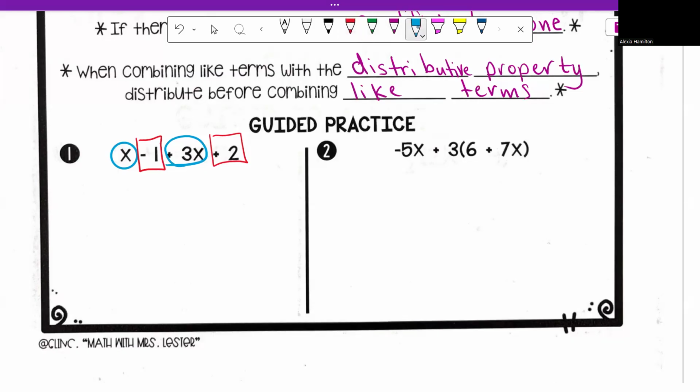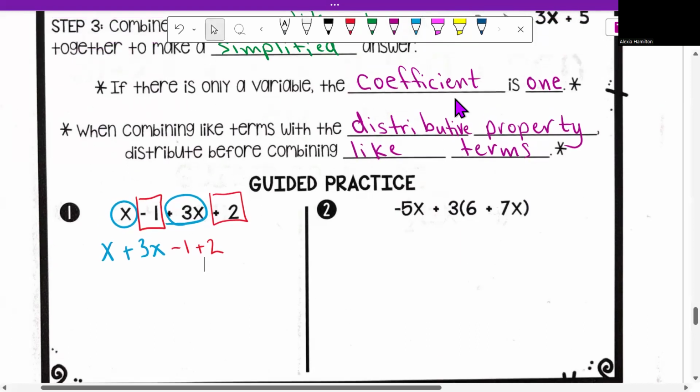Step 2, rewrite the expression so that my like terms are next to each other. So I'm going to write my x terms first. So x plus 3x. And then -1 plus 2. Step 3, I'm going to combine them, but it's just a variable. So if there's only a variable, the coefficient is a 1.